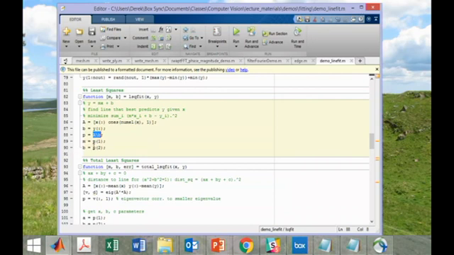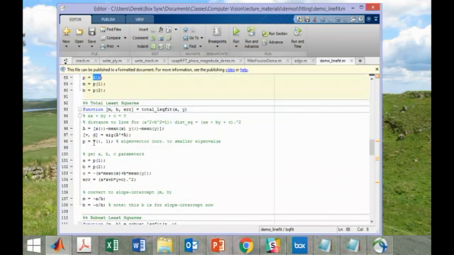Right? Total least squares, the second method that we talked about, is just a different coefficient matrix. So again, it's the x column minus the mean of x, and the y column minus the mean of y. I do the eigenvectors and values of A transpose A, and the eigenvector I want is the one that corresponds to the smaller eigenvalue, which is the first one that Eig spits out.